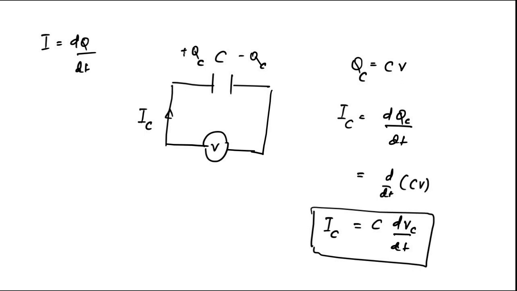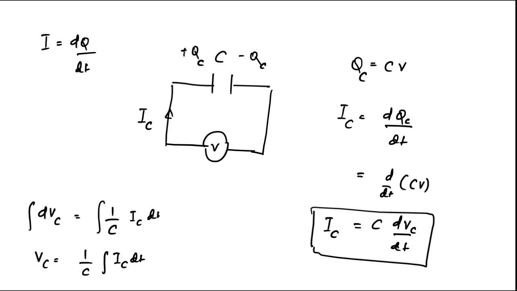So the capacitor potential can be expressed as dVc is equal to 1 by C IC dt. On integrating both sides, we get Vc is equal to 1 by C integration of IC dt. So here the limit of integration is from minus infinity to t.